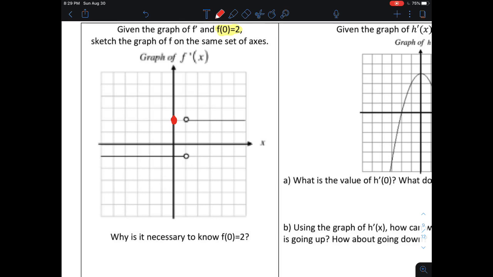Well, I have a jump at x = 1, so something weird is going on at x = 1, but let's try to figure out, well, what is going on everywhere else? Let's start by doing this entire left side, because that would get me from the point that I know all the way off to the left side of the graph, and then to this point where something weird starts to happen.